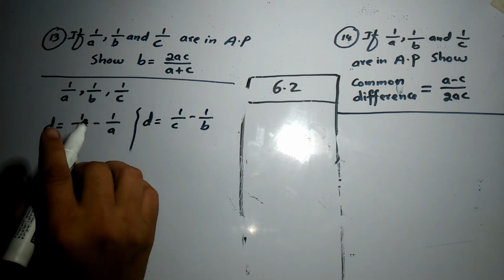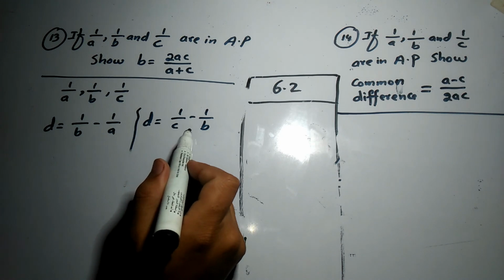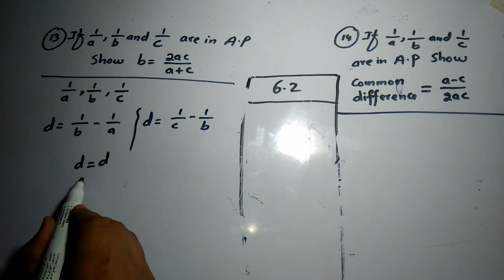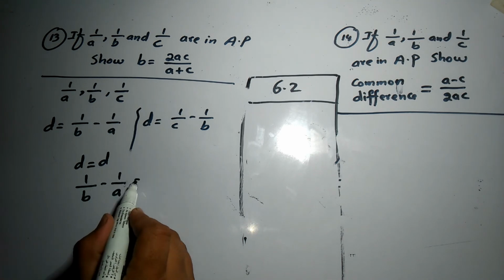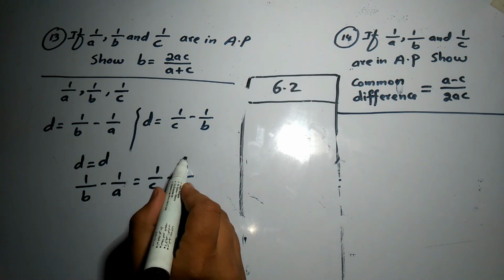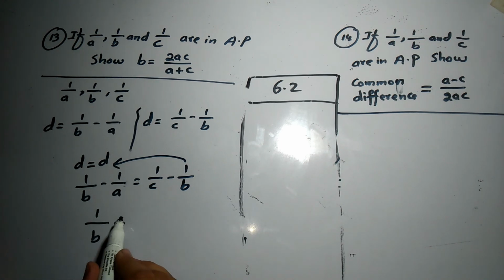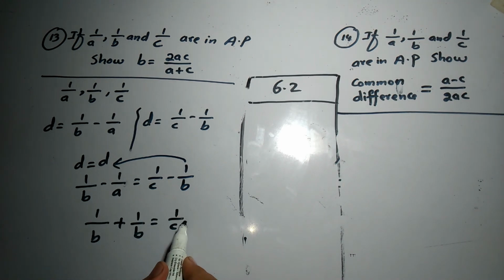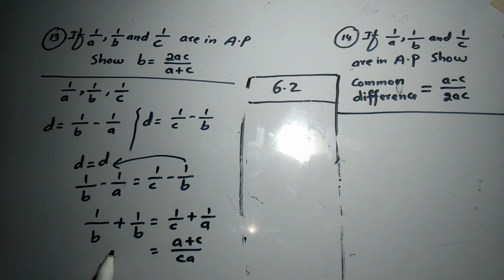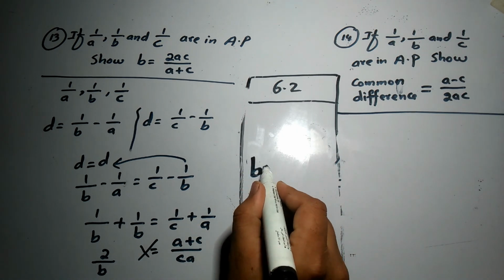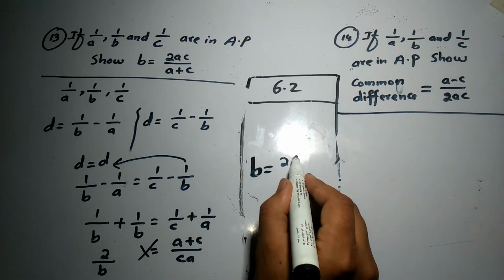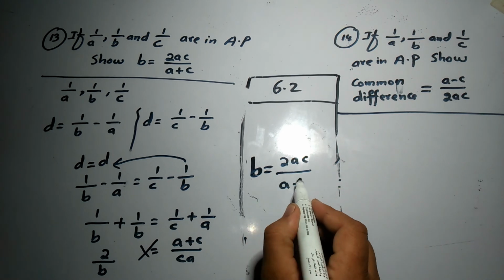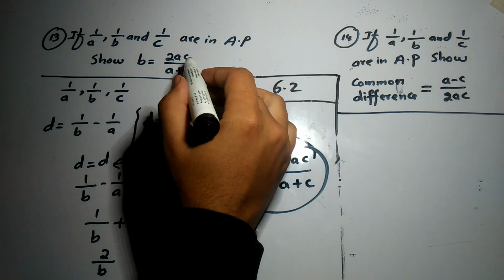So 1 over b plus 1 over b is equal to 1 over c plus 1 over a, which becomes a plus c over ca. This becomes 2 over b. So after cross multiplication, b will be equal to 2ac over a plus c. This is the proof given in the question.